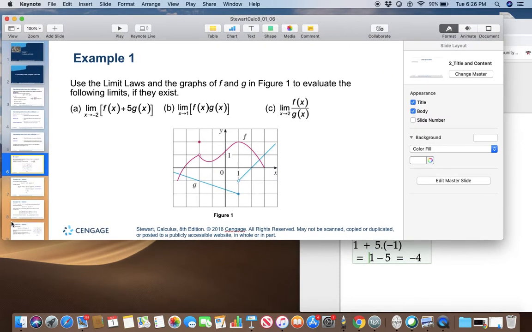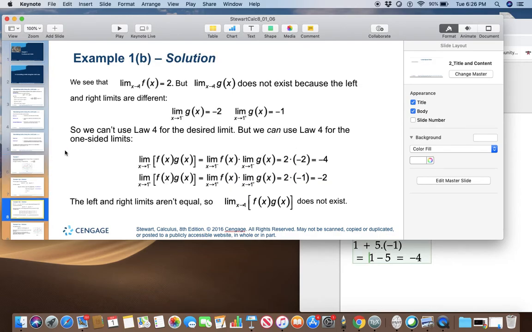So let's see what they say, right? The limit as x approaches 1 of f(x) is 2, but the limit as x approaches 1 of g(x) does not exist because the left and right limits are different. You see? So we can't use law 4.